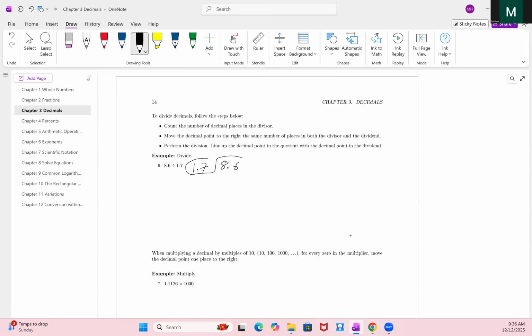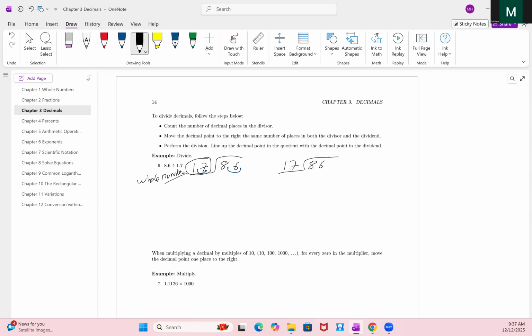This number needs to be a whole number. To do that, we need to move this decimal to the right one place. Because we moved this decimal one place to the right, this decimal needs to be moved one place to the right also. So we are now dividing 86 by 17.